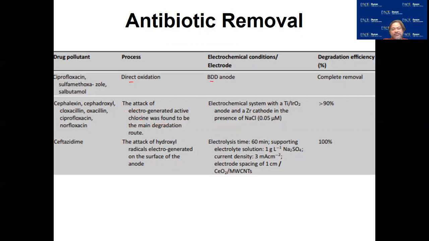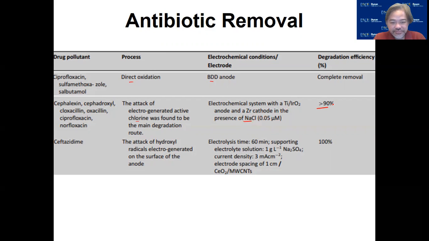The way that they did it here, chlorine was the one that was produced. Now you can only produce chlorine if you have a source of it. They used NaCl as the source, and they treated it with titanium and iridium oxide as the anode and zirconium metal as the cathode. The efficiency of that is more than 90%.